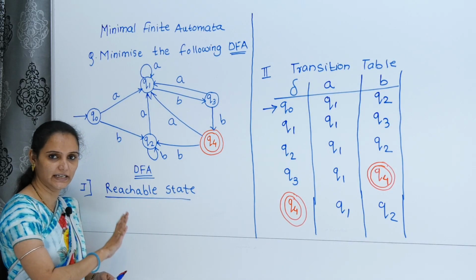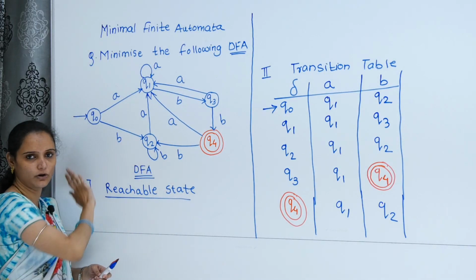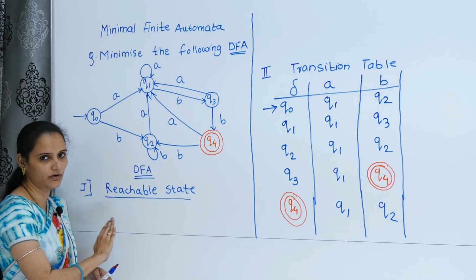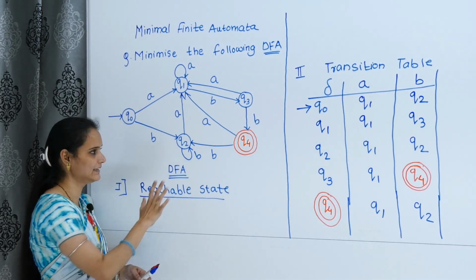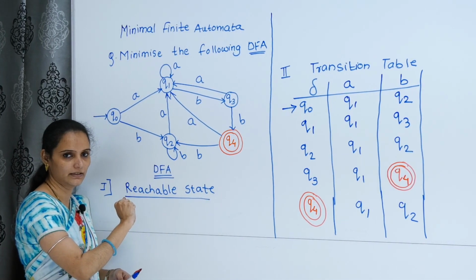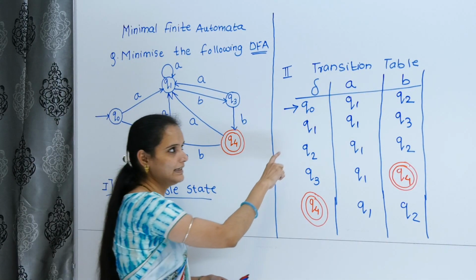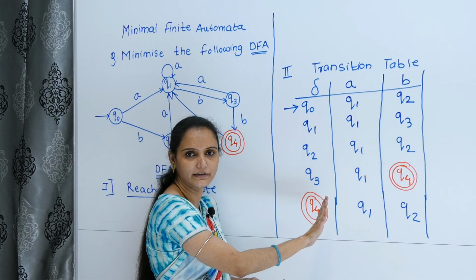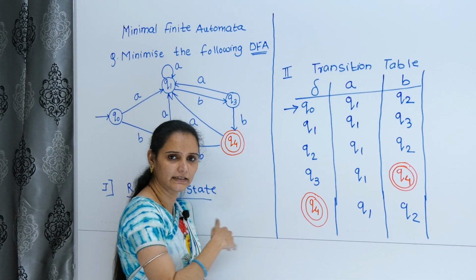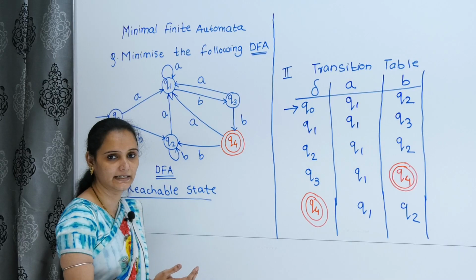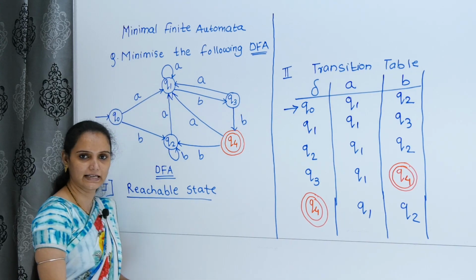If some state is not reachable, for example suppose Q2 is not reachable, then we remove that state, and in the transition table we also do not write Q2. Here all the states are reachable from the initial state, so there is no necessity of removing any state. But in some problems some states will not be reachable, and we remove them from the transition table.